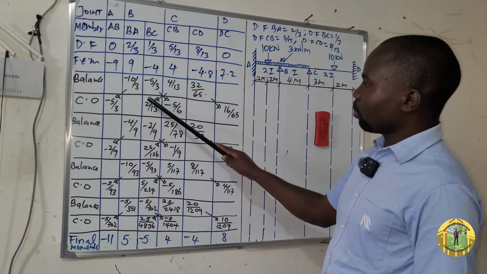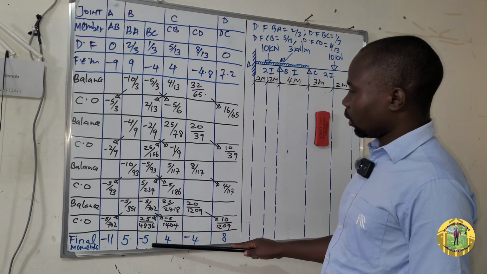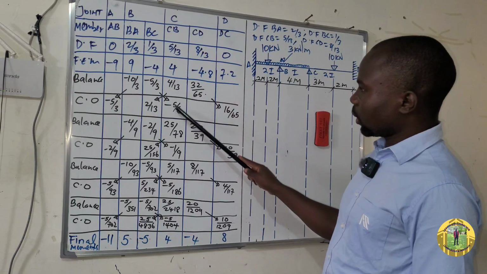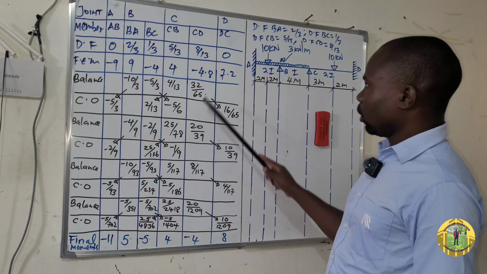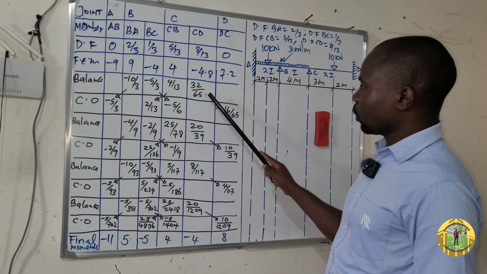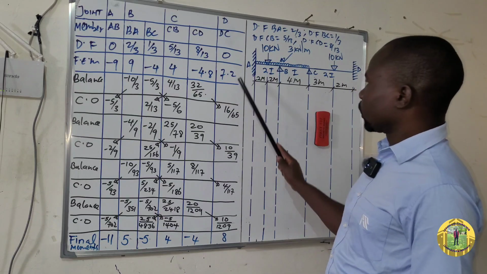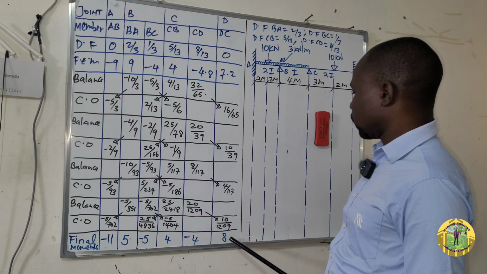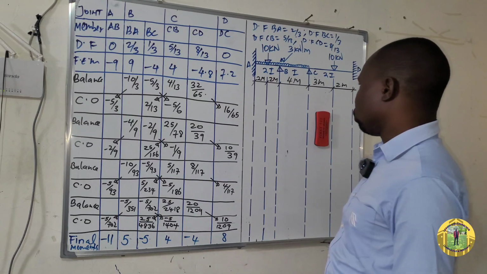Negative 4 plus the values, you will get negative 5. 4 plus this one up to this one, you will get positive 4. Negative 4.8, you add the values, you get negative 4. 7.2, add the values, you get positive 8. So this is our final moments.